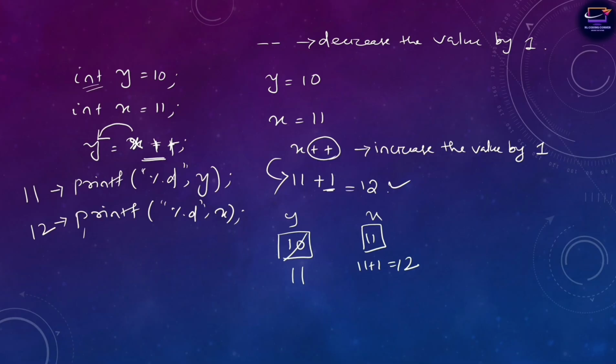Understood? If you write plus plus x, similar example, we take y equals 10 and x equals 11, and we write y equals plus plus x, right? So here the value of x will be altered before execution of this line.